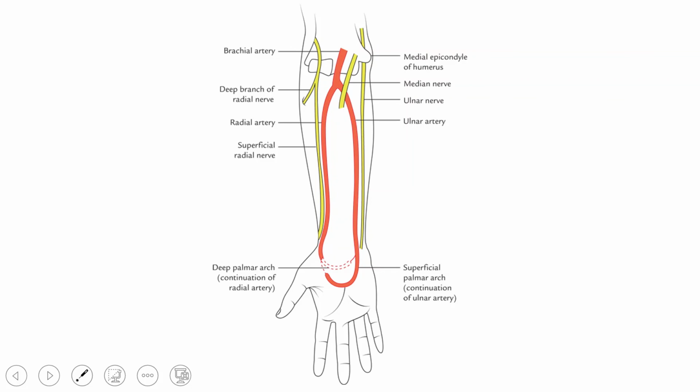So here this is the diagrammatic view showing the nerves and vessels of the anterior compartment. As I've already told you, most of the muscles of the anterior compartment are supplied by the branches of the median nerve, except the flexor carpi ulnaris and the medial half of the flexor digitorum profundus, the medial two tendons of flexor digitorum profundus, which are supplied by the ulnar nerve.